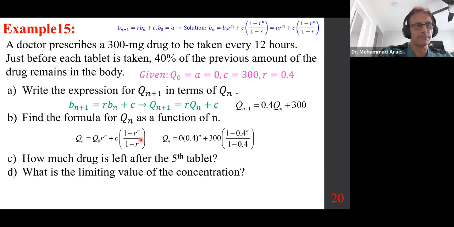Let's see what happens. 0 times any number is 0. We change 1 minus 0.4 to 0.6, and we can see that it's the same as writing 300 over 0.6. We can put that underneath 300, which is 3,000 divided by 6, which is 500.